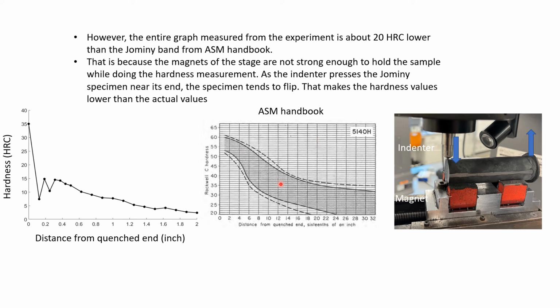However, if we put in the ASM Handbook curve I show here, we can see that the hardness measurement for our experiment is lower than it is supposed to be. That's because in our experimental setup, the magnet is not strong enough to hold the sample. Whenever we take a hardness measurement, the indenter pushes down on the sample and makes it flip, which lowers the measurement from its actual value. To solve this problem, we shift the entire curve by a value of 20 HRC.